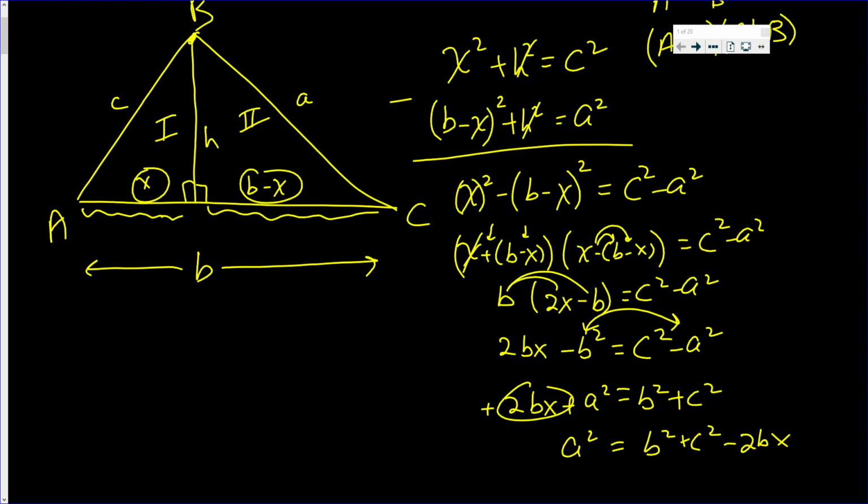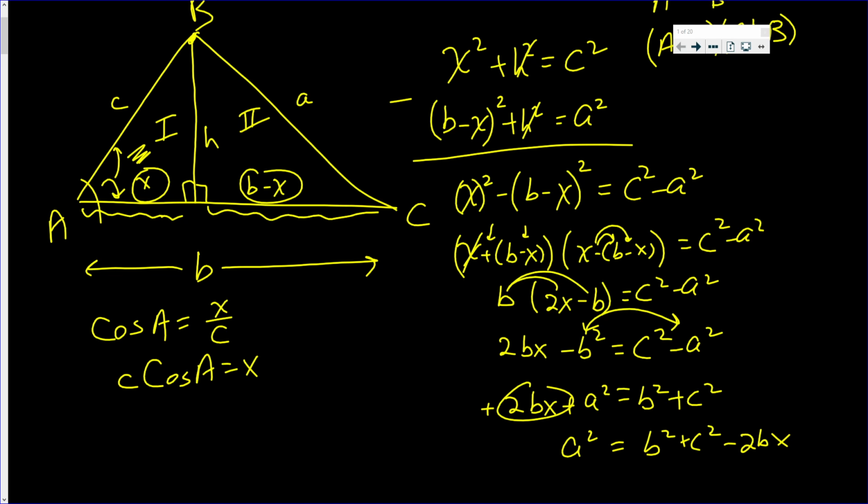Okay. Now, the thing is, what is this x all about? Well, let's look at triangle 1 again. If we take the cosine of angle A, we get the adjacent divided by the hypotenuse. That means that c cosine A is x.